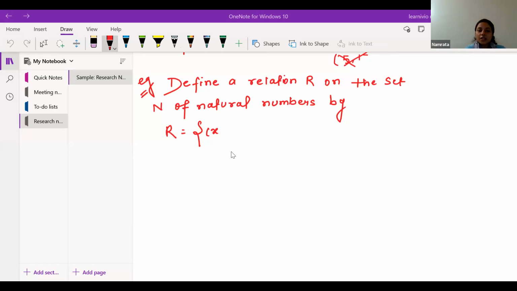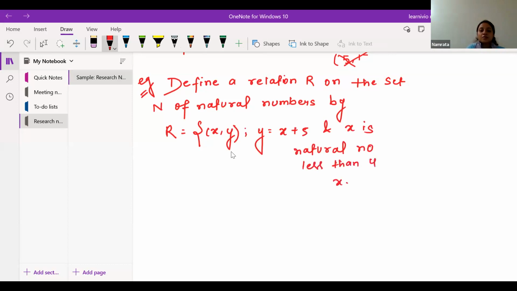So here our relation R contains the ordered pairs (x, y) such that y is equal to x plus 5, and x is a natural number less than 4.